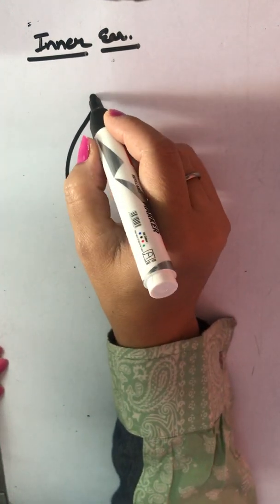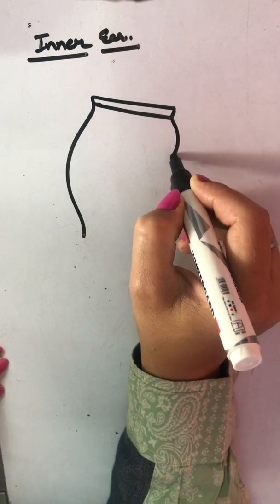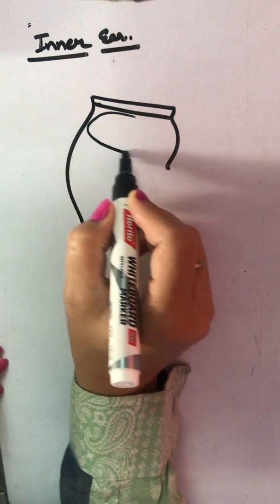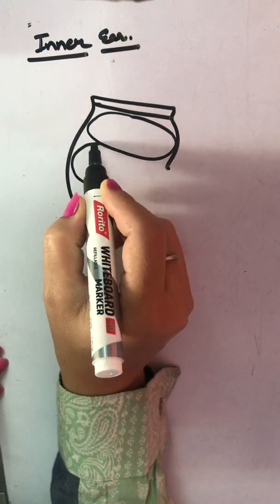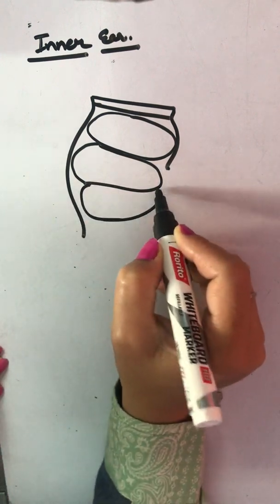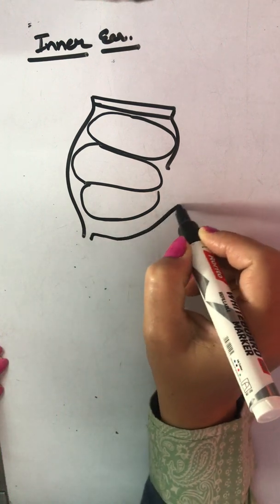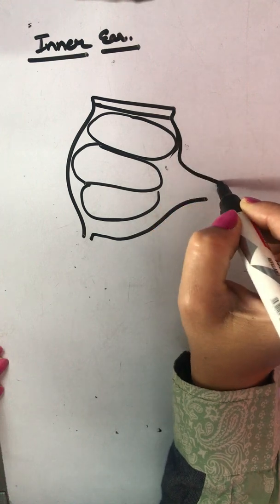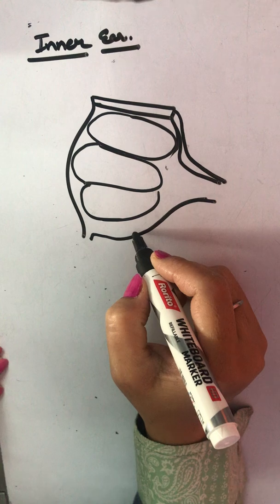We are dividing how the upper and the lower part are internally showing parts. This is the internal section of the cochlea, which is showing us the divisions.